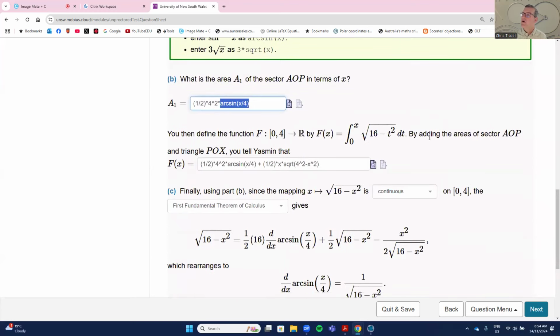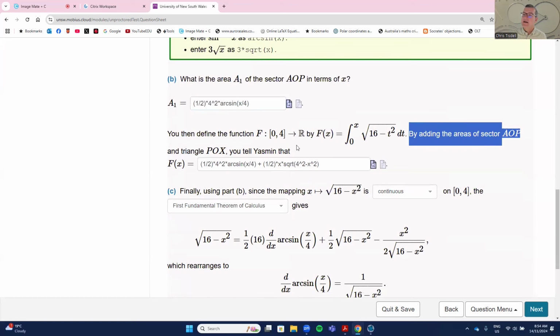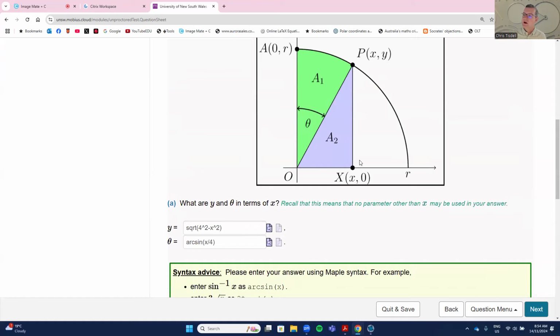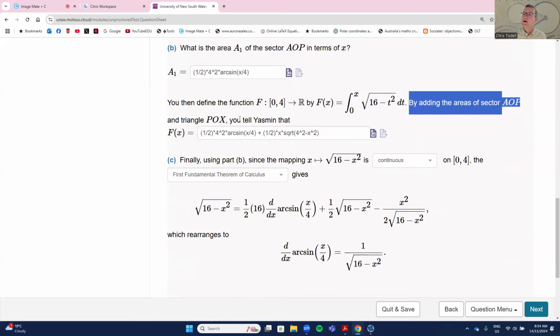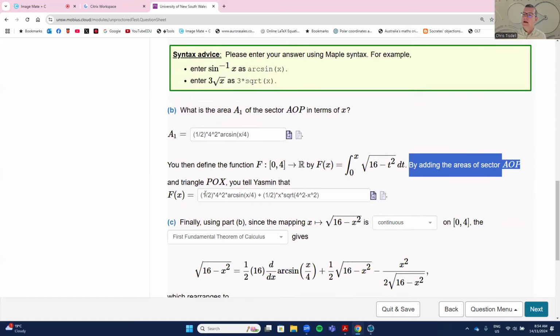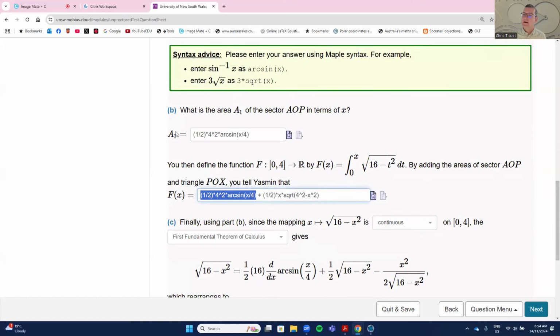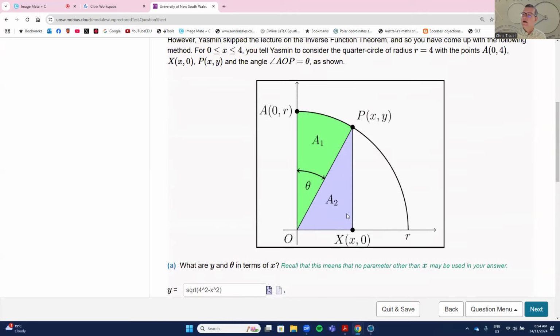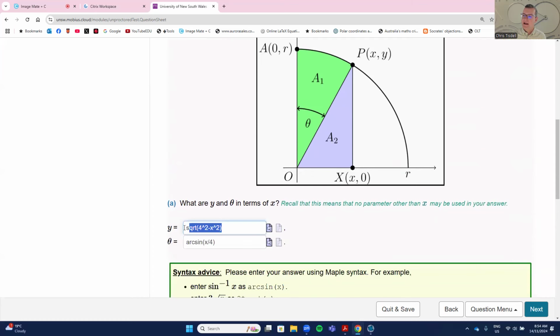So by adding the areas of the sector and the triangle, you tell Yasmin that's what we got up here. And that's the area of the triangle. It has base little x and height y, and we work that out over here.